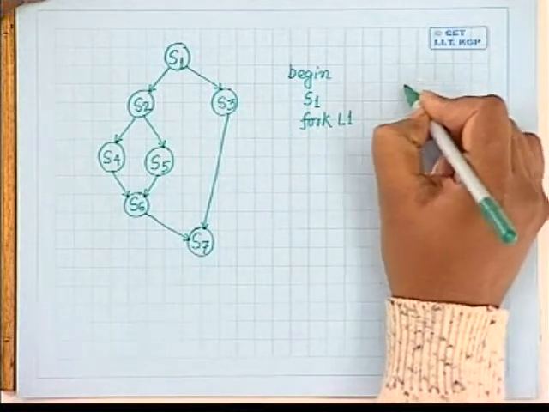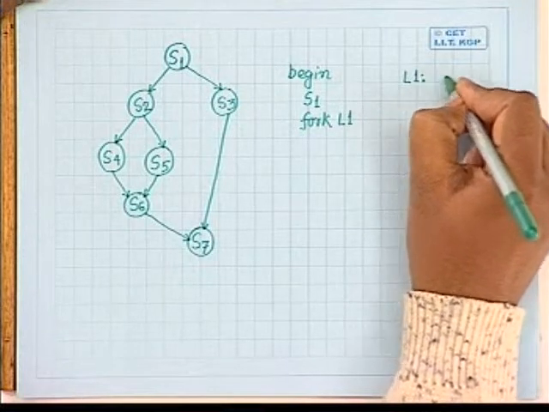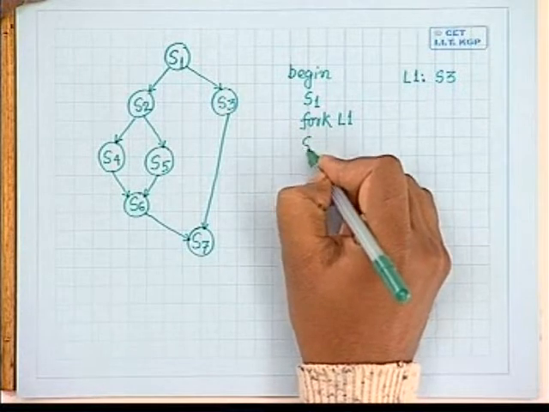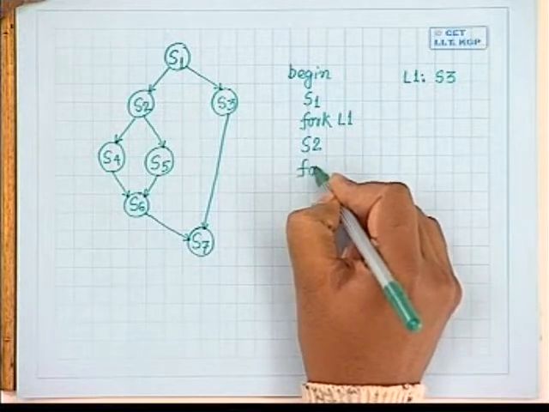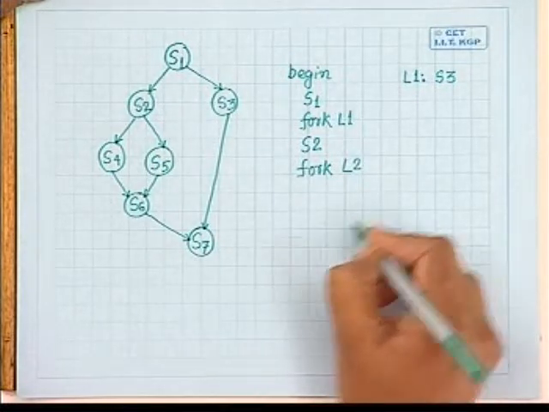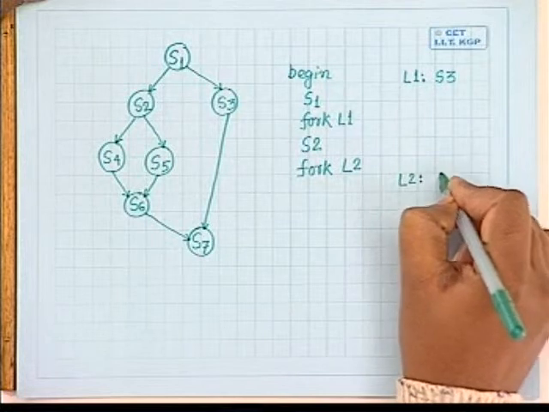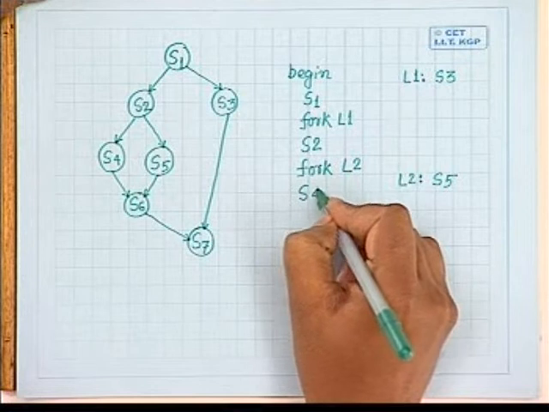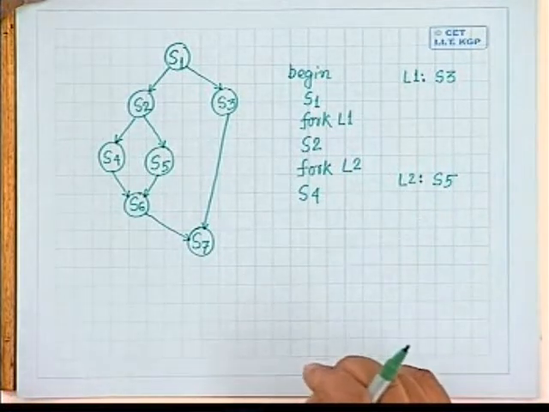At L1, I have statement S3. Then I have S2, then fork L2. At L2 I'll have statement say S5. Here I have S4.